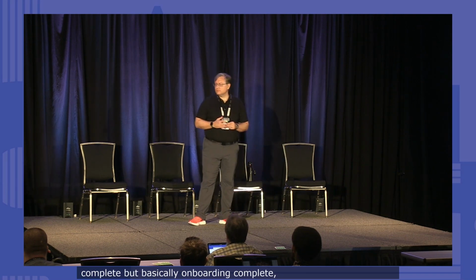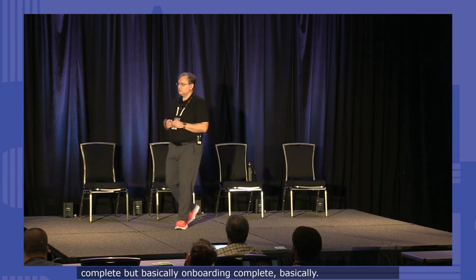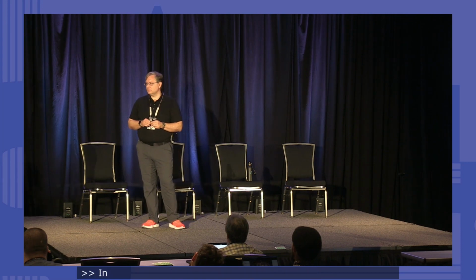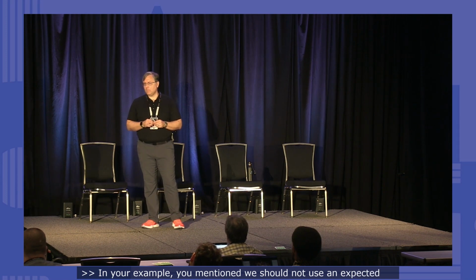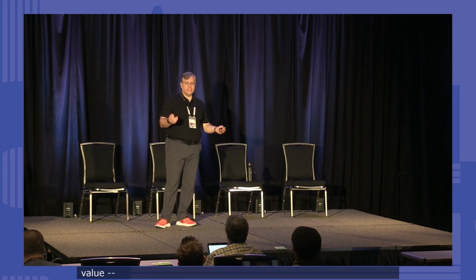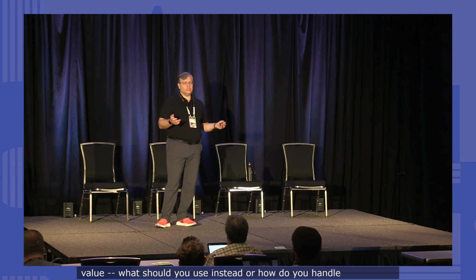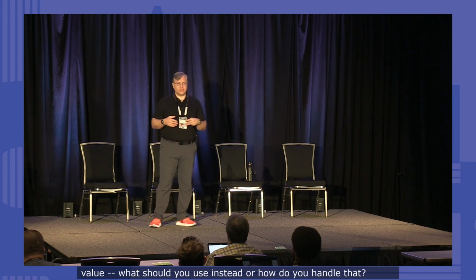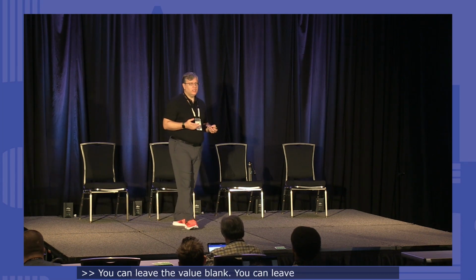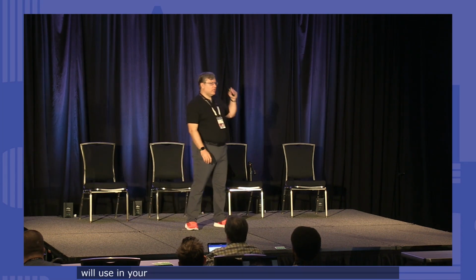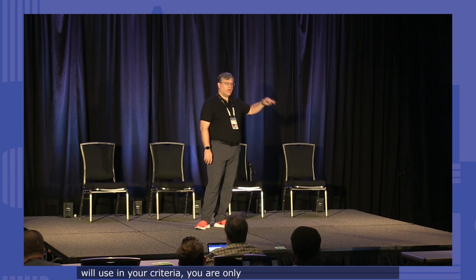Here's one from online. In your example using values of retired and standby, you mentioned we should not use an expected value like active. What should you use instead, or how do you handle that? You can leave the value blank. You can just leave it alone, because what you're going to use in your criteria in, say, a smart group that you're going to scope something to, you're only going to look for retired devices. You're going to exclude them or add them to something.